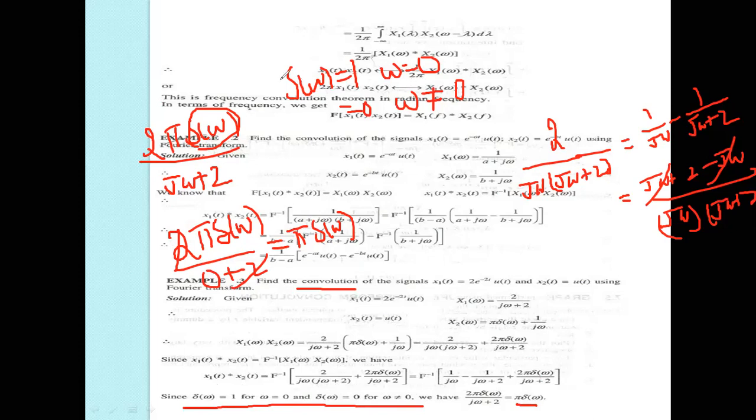This is an impulse function, a standard signal. Now we got 1 by j omega minus 1 by j omega plus 2 plus pi into delta omega.